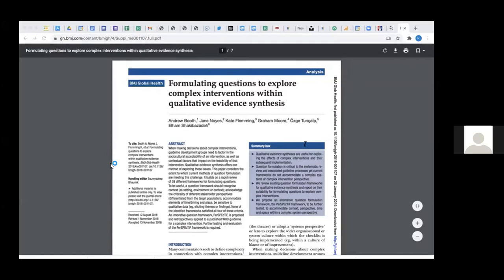Okay, the next keyword that a writer needs to be familiar with is the PRISMA diagram.